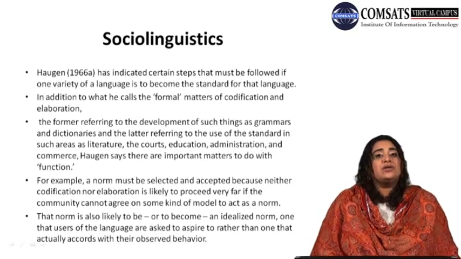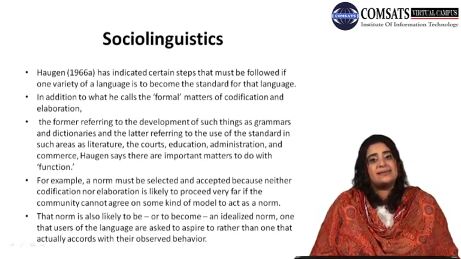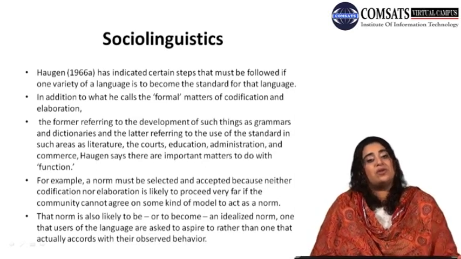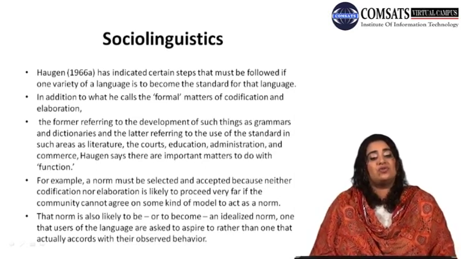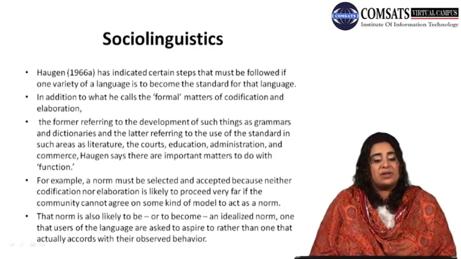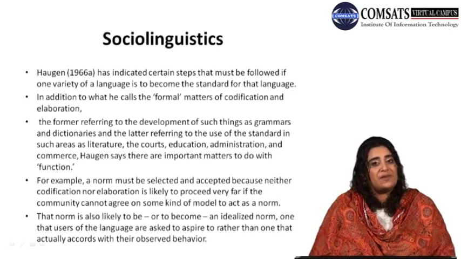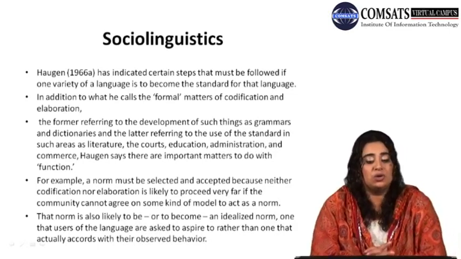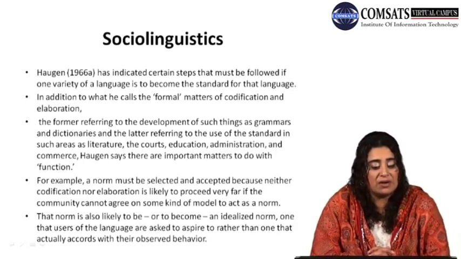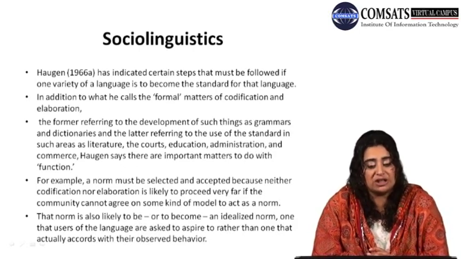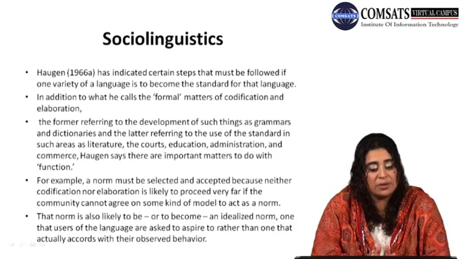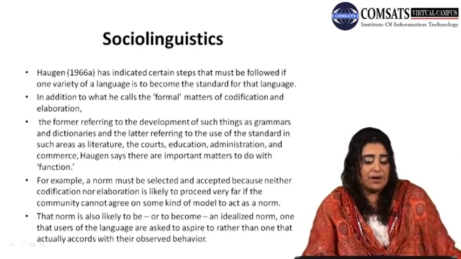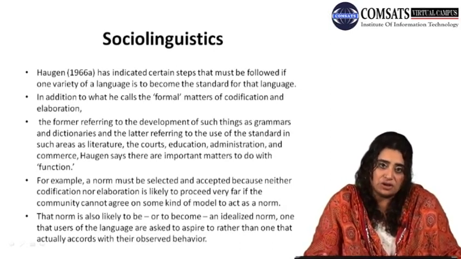According to Haugen, in 1966, he indicated certain steps that must be followed if one variety of a language is to become a standard for that language. In addition to what he calls the formal matters of codification and elaboration, the former referring to the development of such things as grammars and dictionaries, and the latter referring to the use of the standard in areas such as literature, the courts, education, administration and commerce, Haugen says that there are different matters to do with function.